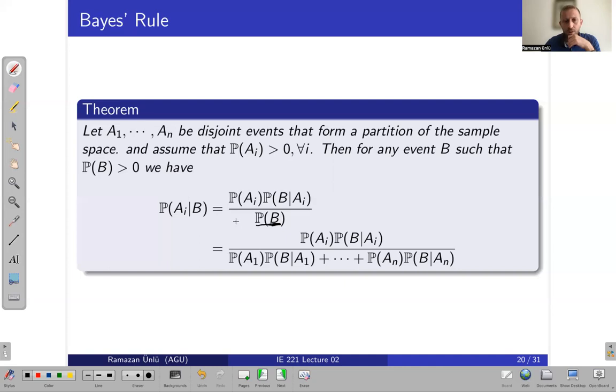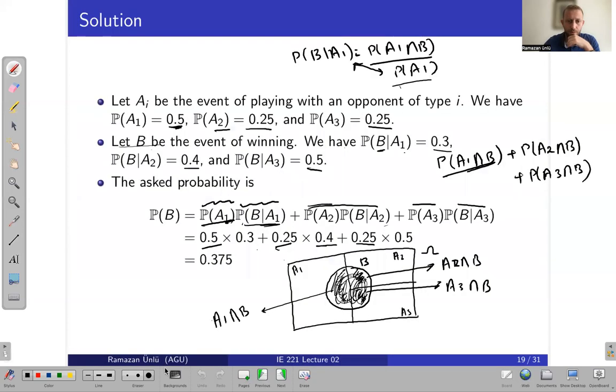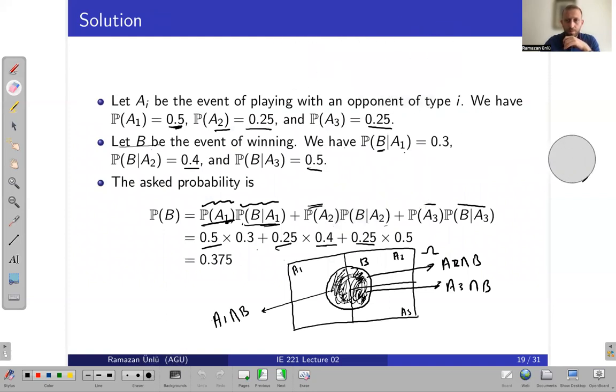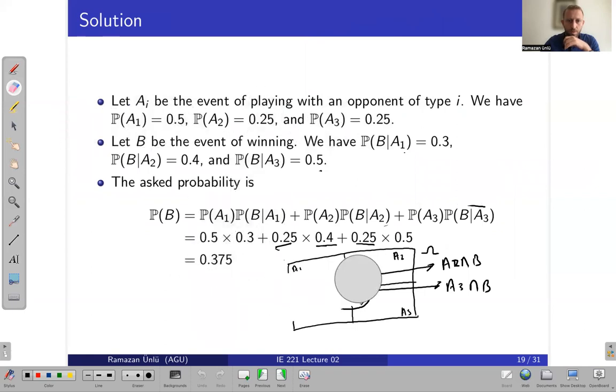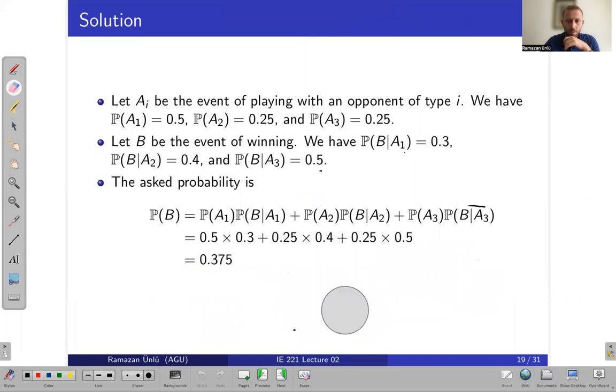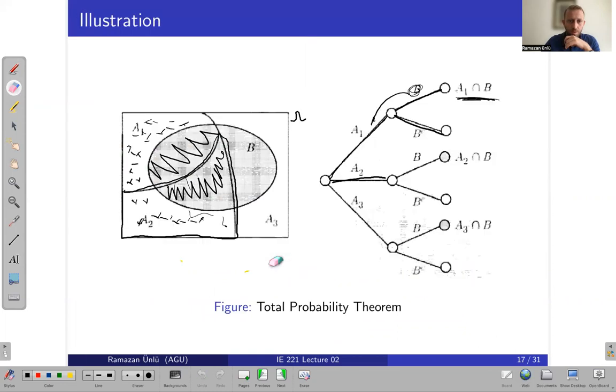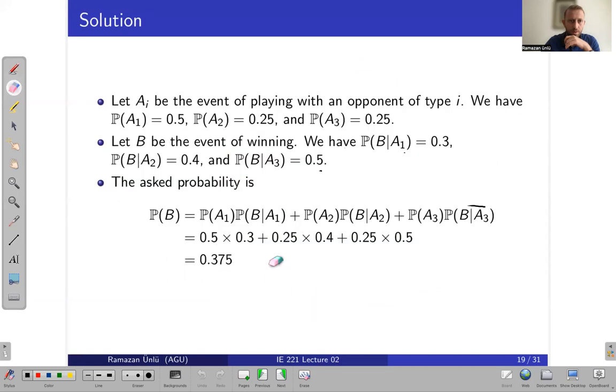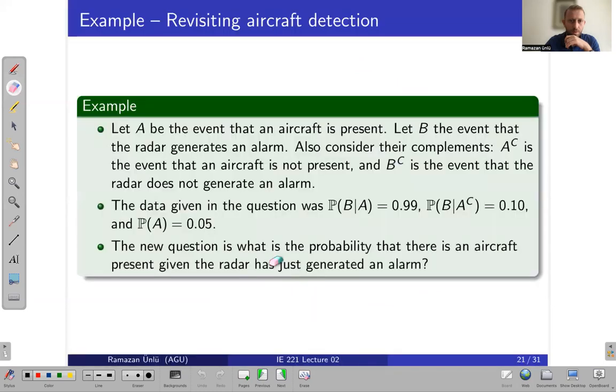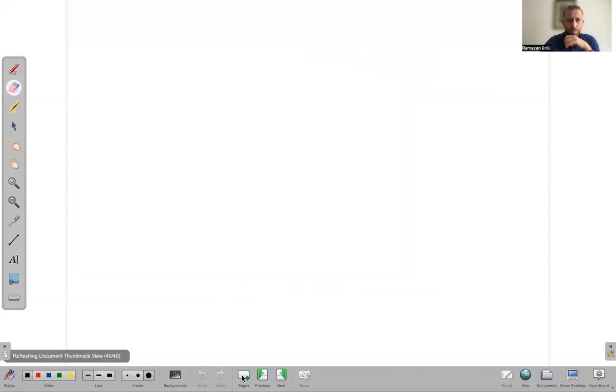Just to understand the logic of the Bayes theorem, let's draw something. Let me clear this first. Okay, let me create a new board.